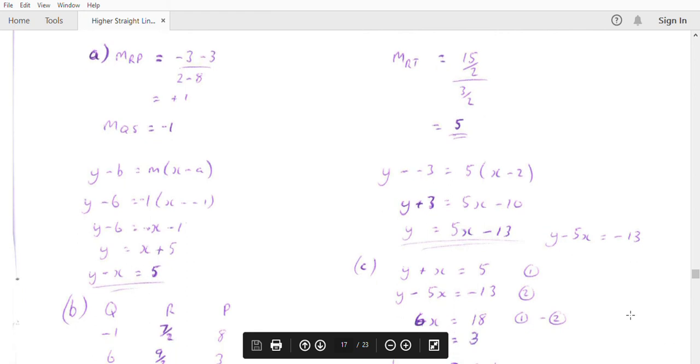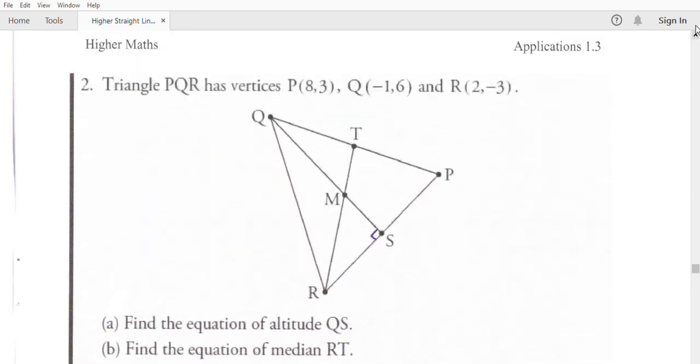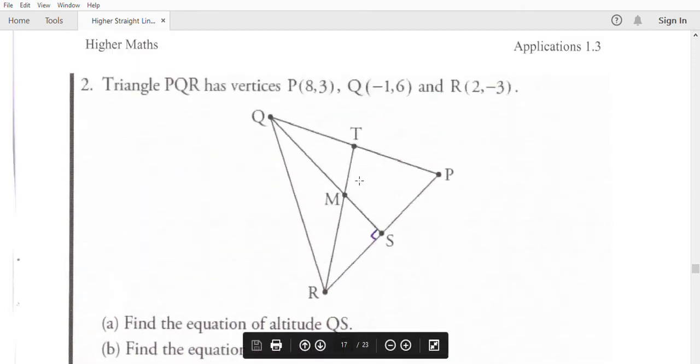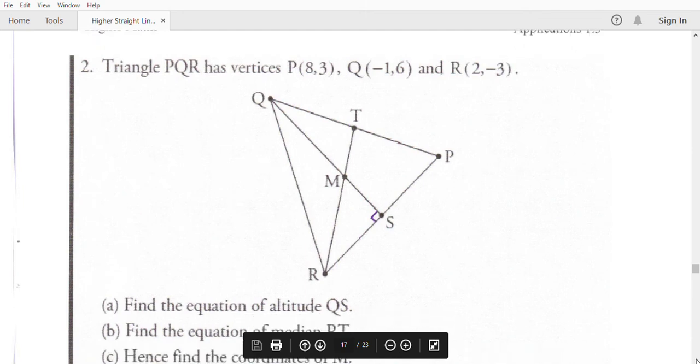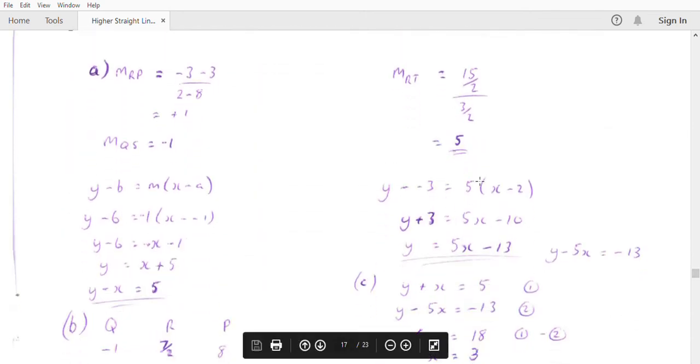And then substituting into y minus b equals m bracket x minus a. So remember, we have the point T, we have the point R, we have the gradient of this line. So we could use T or R. Either one would be fine, we would come out with the same. So I've gone for the point (2, -3).